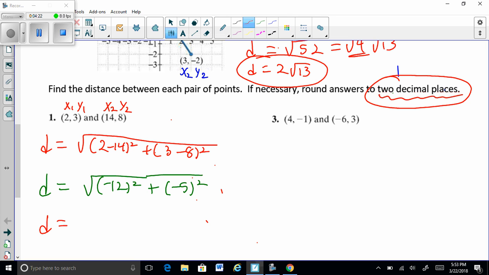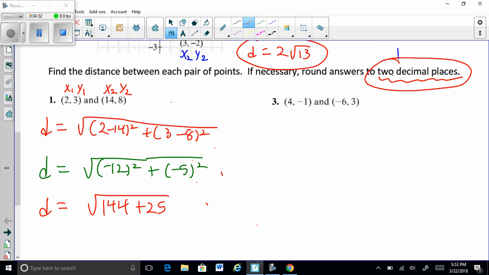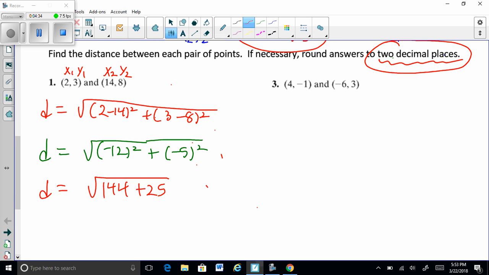So the distance is equal to the square root of 144 plus 25. So then we get the square root of 169, which actually turns out to just be 13. So that one worked out kind of nice.